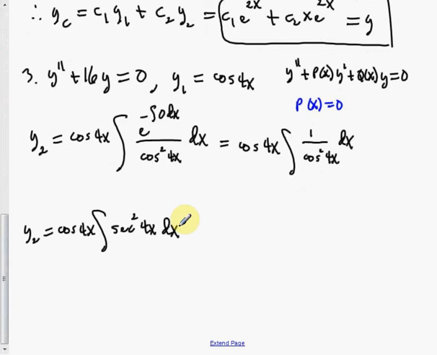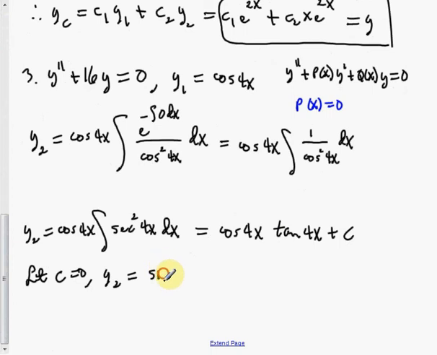What is the integral of secant squared? It's tangent. Cosine 4x times tangent 4x plus the constant. Here let c equal 0. Y sub 2 is equal to sine 4x. Everybody happy with that?